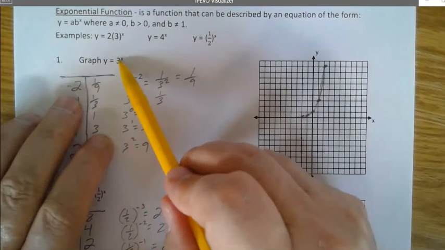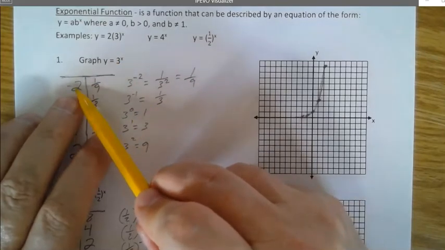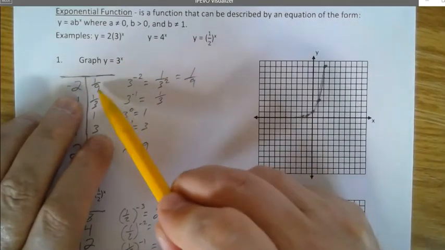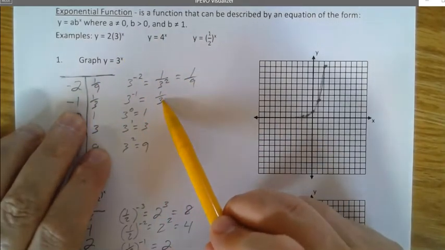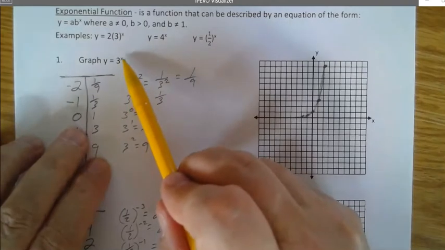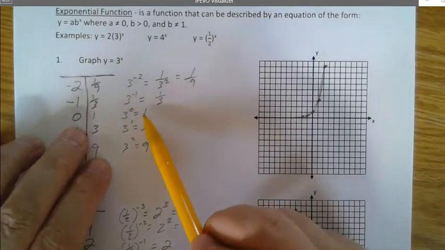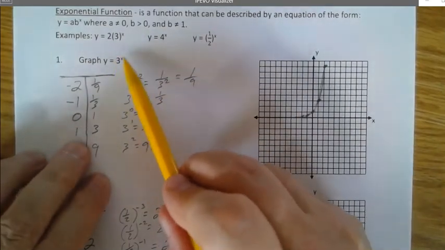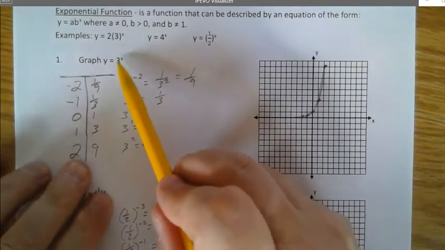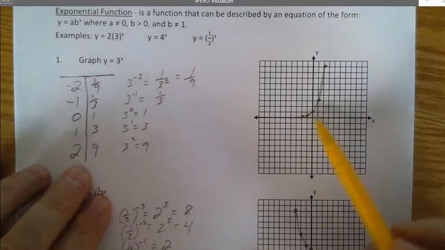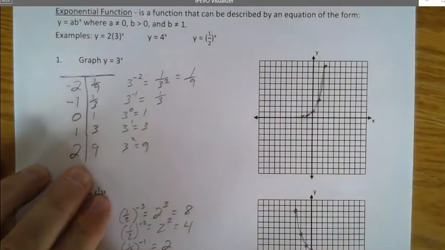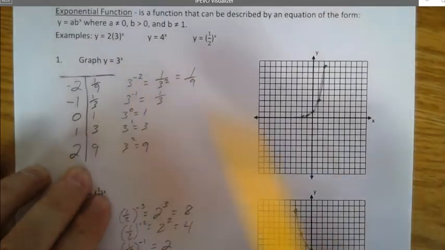So 3 to the negative 2 power is 1 over 9. And then we do the same thing with negative 1, which will be 1/3. Any number to the 0 power is 1, and then 3 to the first is 3, and 3 to the second is 9. And then when we graph them, we get this. So that is the graph of y equals 3 to the x power.